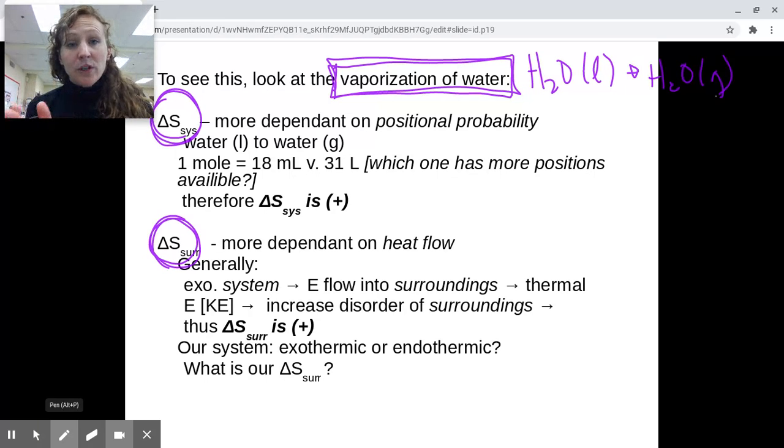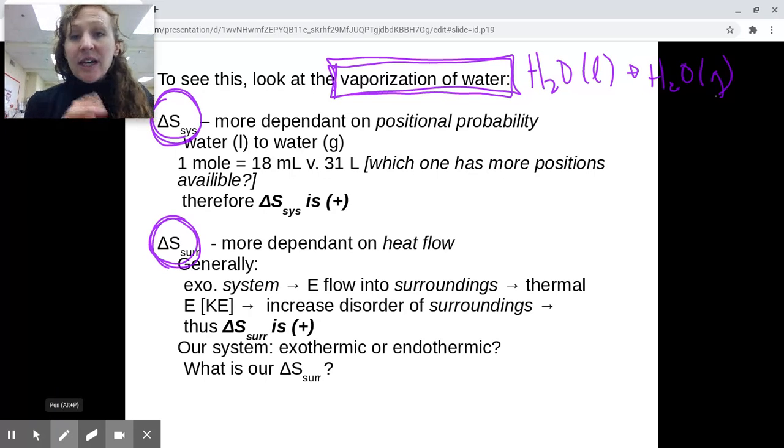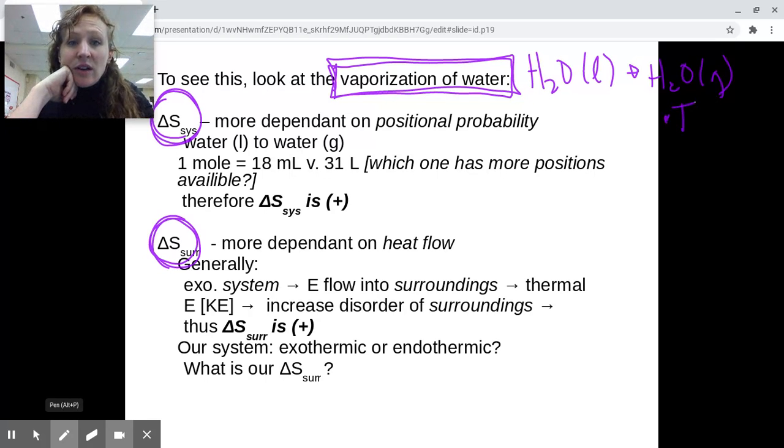This would be a good time to pause the video and see if you can jot down a couple different factors. Why is the entropy of gaseous water higher than the entropy of liquid water? Pause it now. Okay, and you should come up with a couple different reasons. So first of all, temperature. The gaseous water is going to have absorbed more energy.